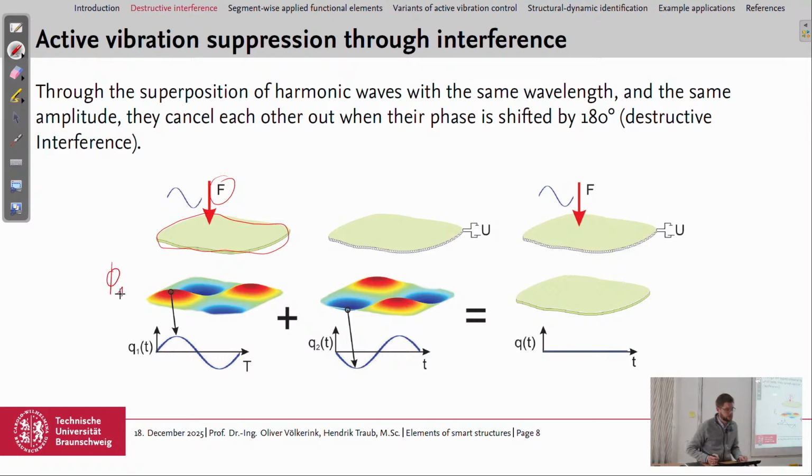For example, the first eigenmode, and it varies over time with the modal coordinate we had a look at in the last lecture. And if we then use an actuator with a current voltage U to excite the structure in the same eigenmode, in terms of space, but with 180-degree phase shift in terms of time.